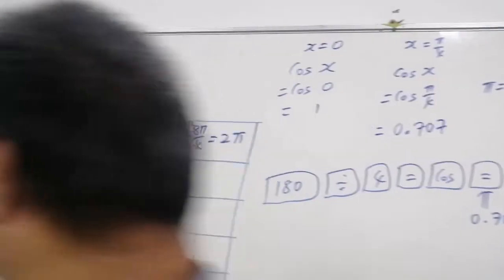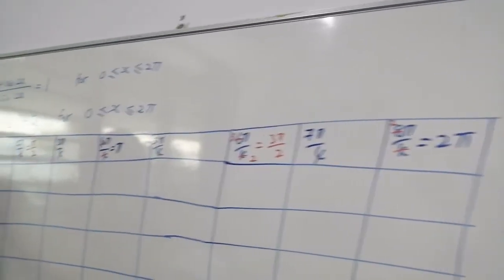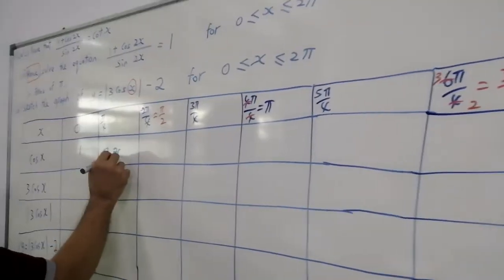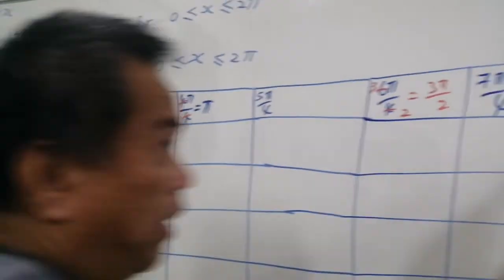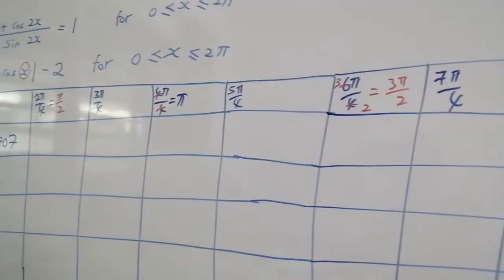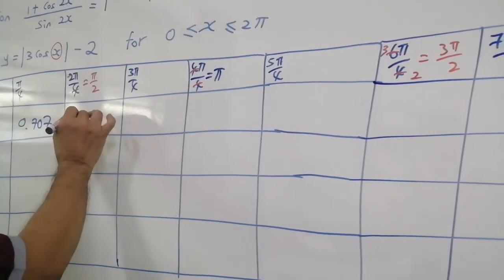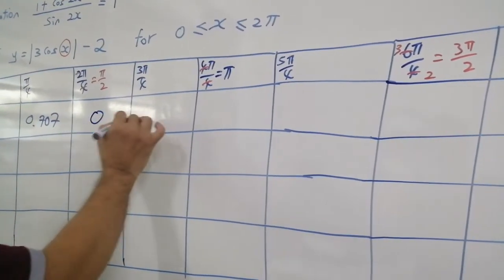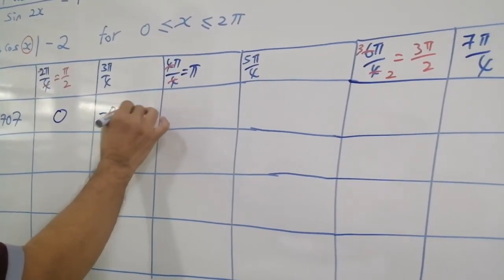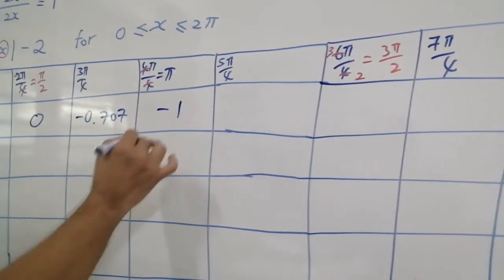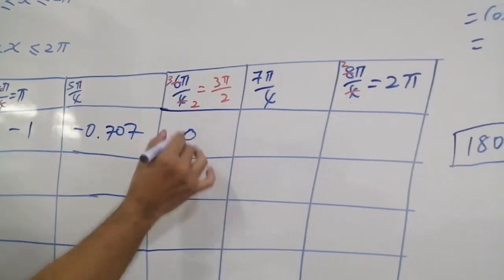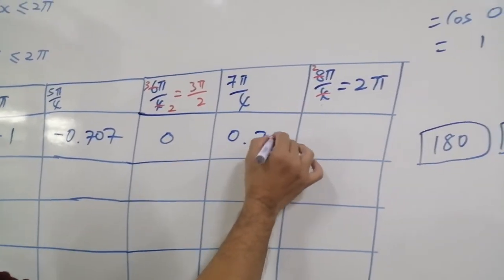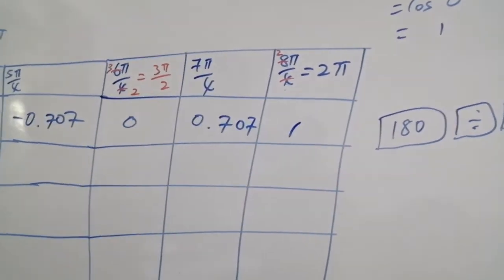Okay, so after you obtain your answer already, 0.707. Same thing here, using the same method, using the calculator to punch it in, you will be obtaining the values: pi over 2 will be 0, then negative 0.707, negative 1, negative 0.707, 0.707.